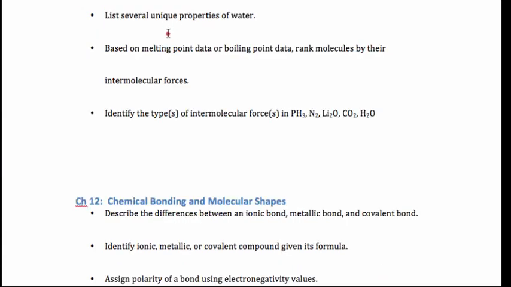In this chapter, we talked about unique properties of water. It's really important that you are clear that water has a bent structure because there are two unshared pairs of electrons off of the oxygen, okay, which makes it negative in this zone.